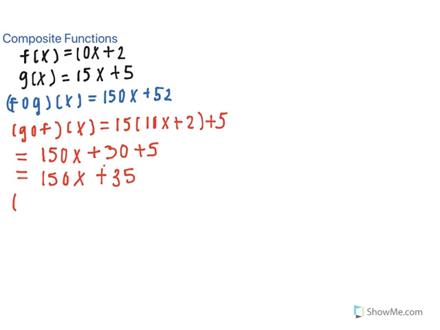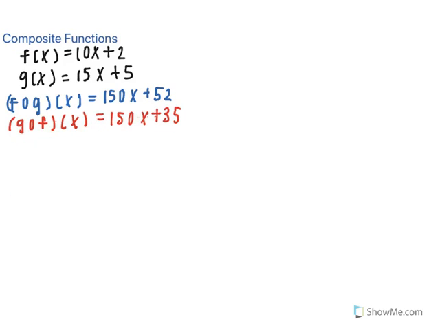Now we know that g of f of x equals 150x plus 35. From this, we can see that f of g of x does not equal g of f of x.